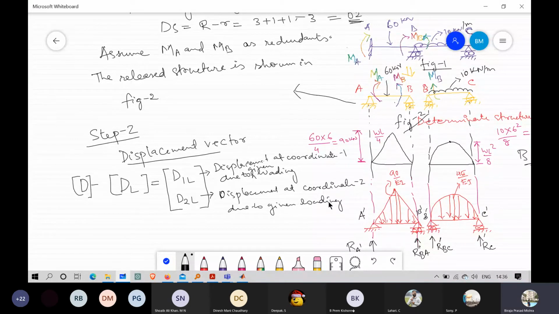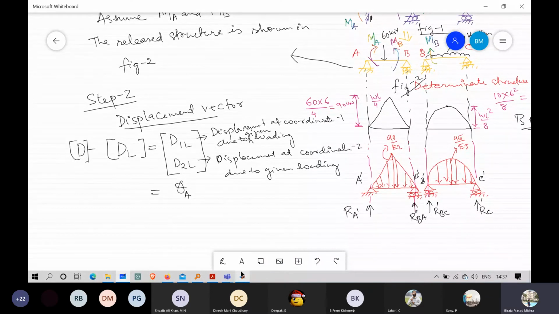This is coordinate 1 and this is coordinate 2. Here we are considering the redundant moments to be acting, so these displacements will be the slopes, which we call theta A and theta B.